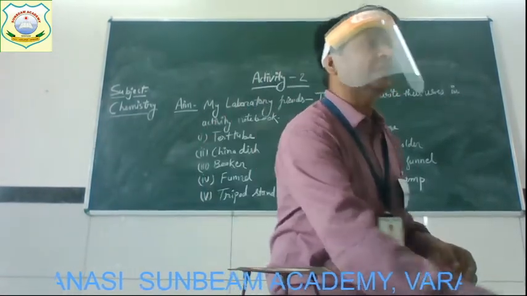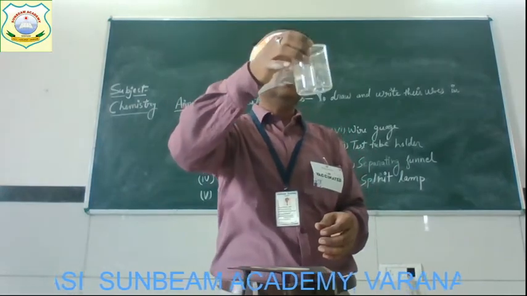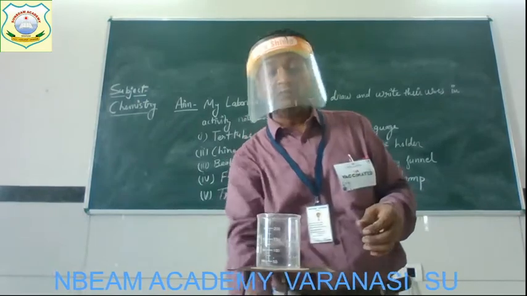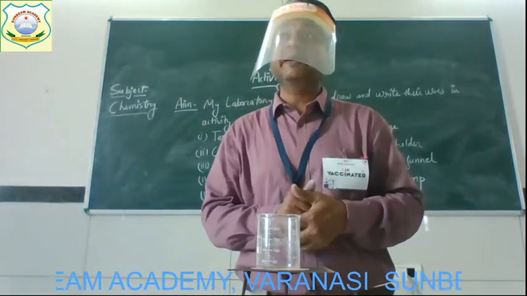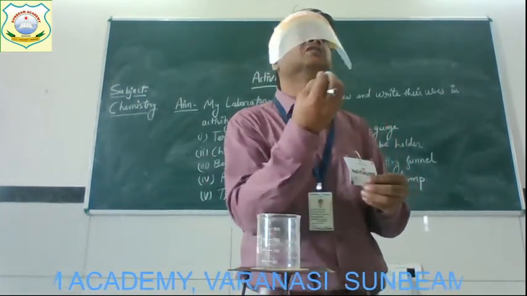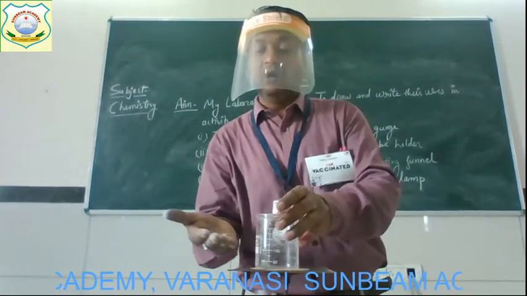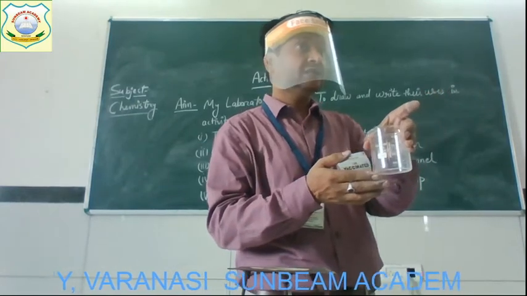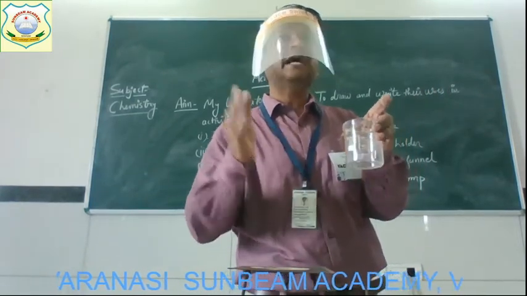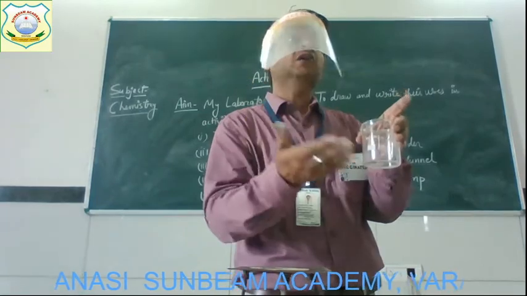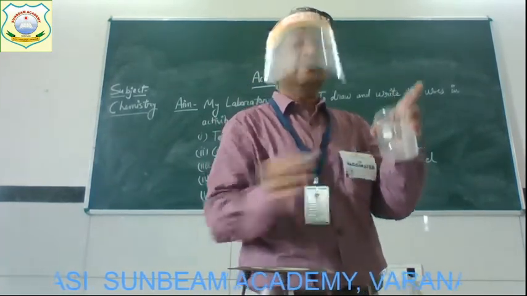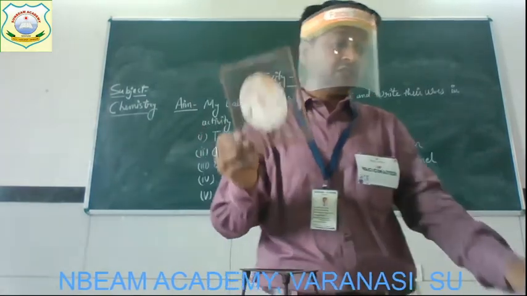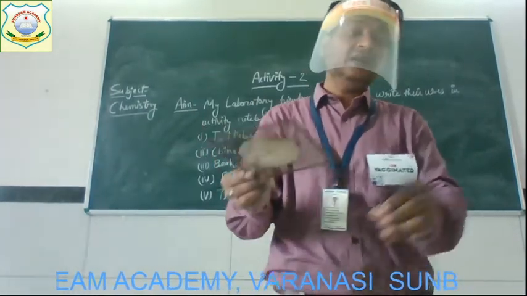Suppose if we want to heat the substance in this beaker, we will place this beaker above this wire gauze, and then we will heat it. What will happen? This wire gauze will spread the heat throughout the base of the beaker equally. Get it? The heat of the flame of the burner gets spread equally to all parts of the beaker because of this wire gauze. Right? So this is the use of wire gauze in the labs.